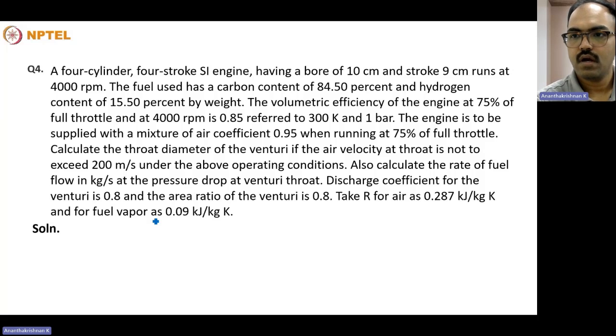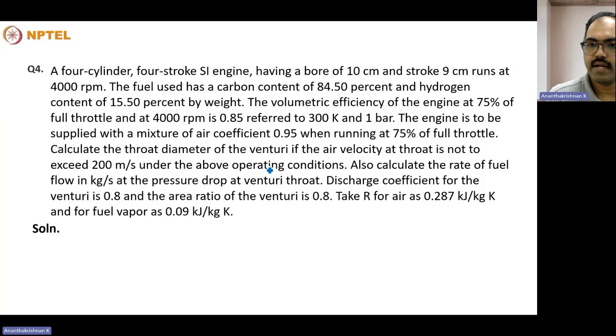The fuel used has a carbon content of 84.5% and hydrogen content of 15.5% by weight. The volumetric efficiency of the engine at 75% of full throttle at 4000 RPM is 0.85, referred to 300 Kelvin and 1 bar.